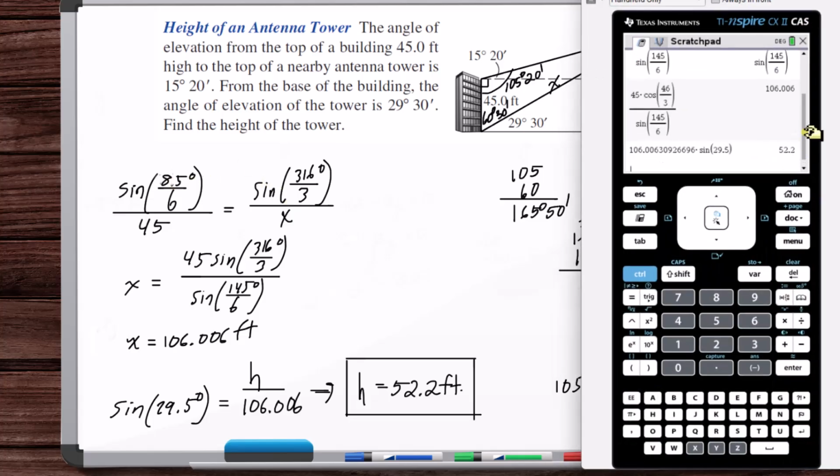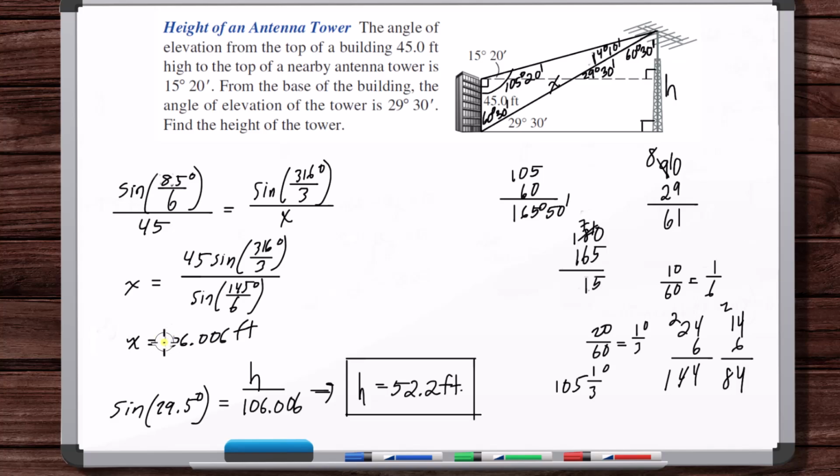Okay, so let's take this and change this to 85. So x is 177.321.